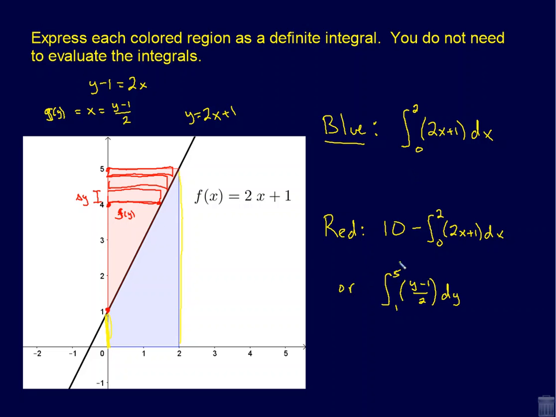So this is an alternate way with a single integral to express that red area. Instead of thinking of under as meaning toward the x-axis, think of under as meaning toward the y-axis, which means you've got to have the function in terms of y and the limits of the integral, the interval, being 1 to 5.